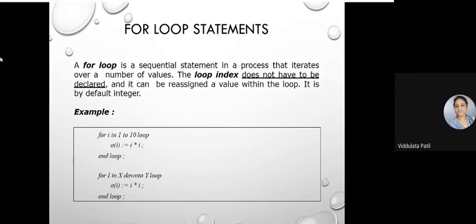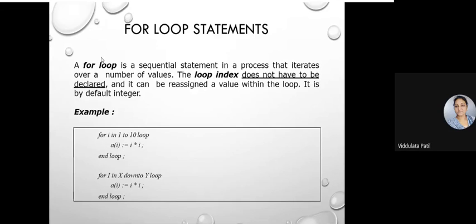So here, if we look at the example of this loop statement, then we can have for. Suppose we want to iterate this 10 times. Then we are having the value of I from 1 to 10. Then we can have this for loop as for I in 1 to 10.